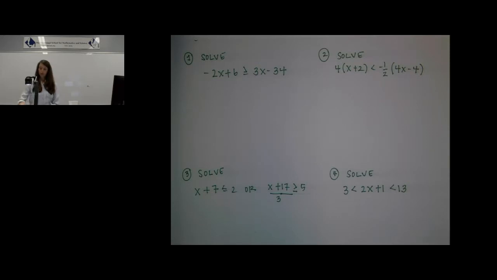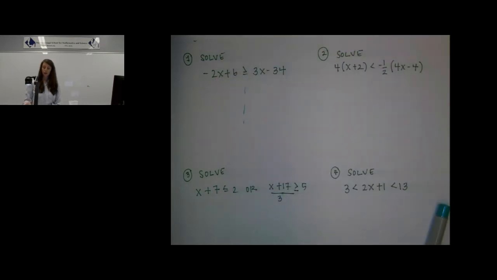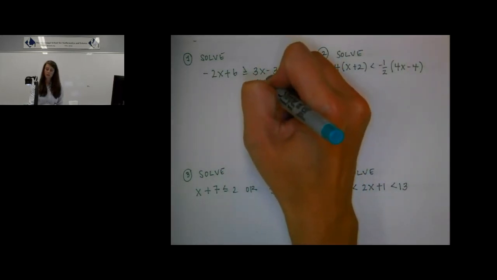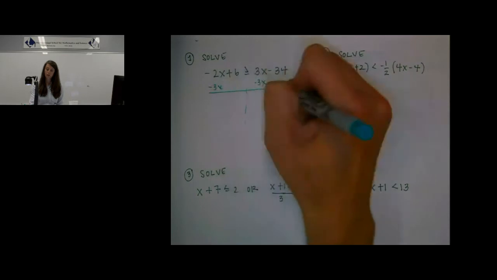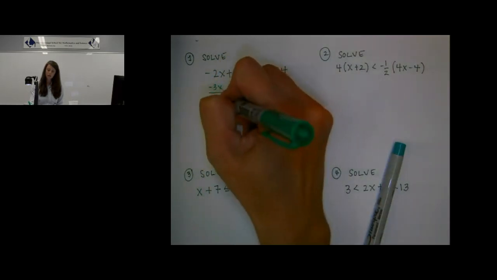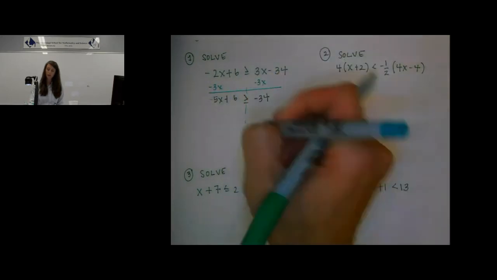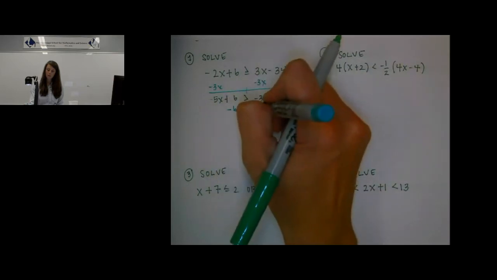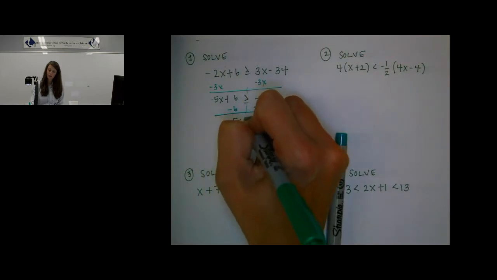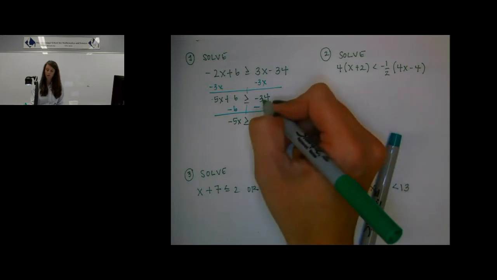Okay, so first one here, just a regular inequality. So we want to get the x by itself on the left. First thing I need to do is subtract my 3x. So when I subtract my 3x, I will have negative 5x plus 6, which is greater than or equal to negative 34. I'm going to subtract my 6 on both sides here. So I'm going to have negative 5x, which is greater than or equal to negative 40 there.